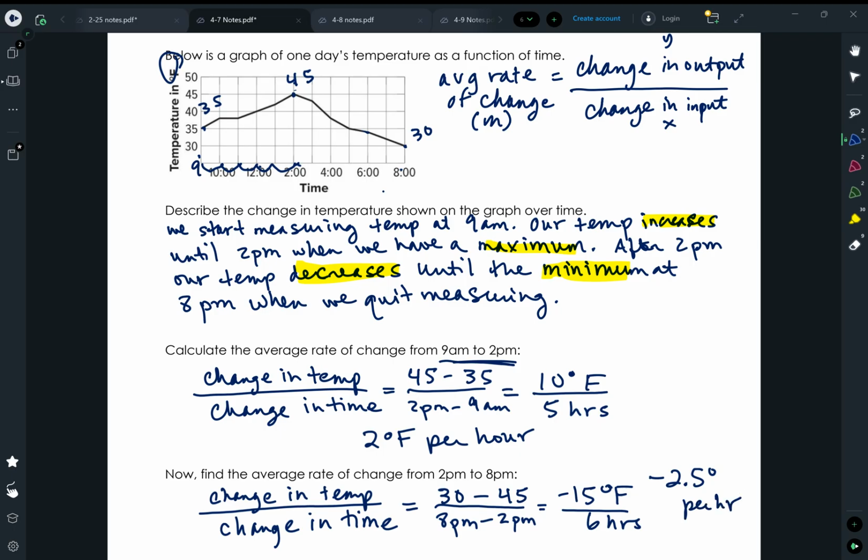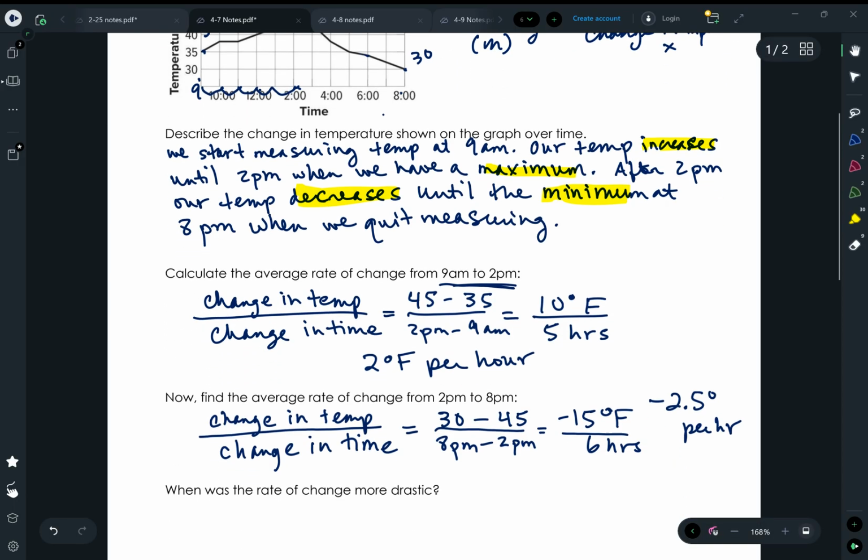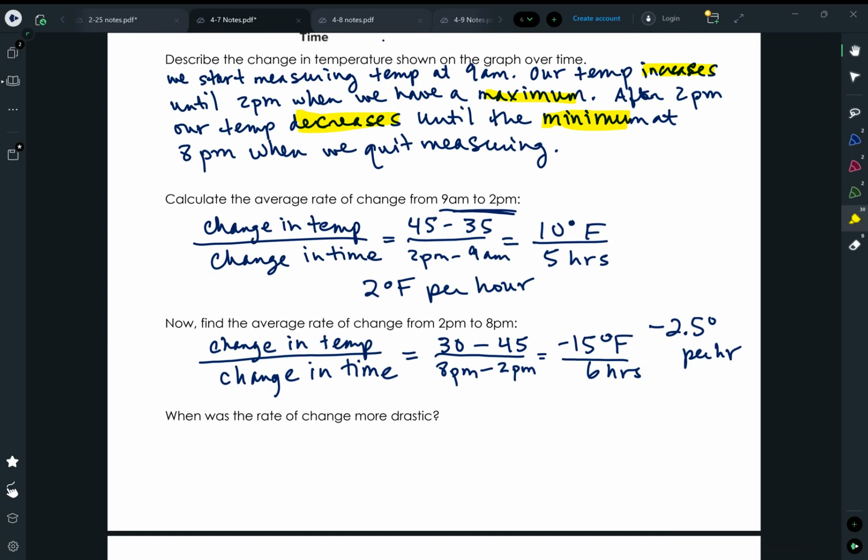So then our final question here is, when was the rate of change more drastic? So was it more drastic from 9 to 2 or from 2 to 8? So let's think about what that means. When is it changing more drastically means when was it changing more quickly? Well, my rate of change from 2 p.m. to 8 p.m., negative 2.5. Well, 2.5 is a bigger rate of change than 2.